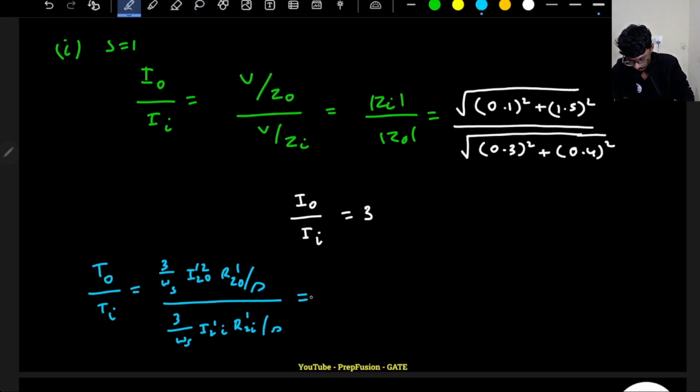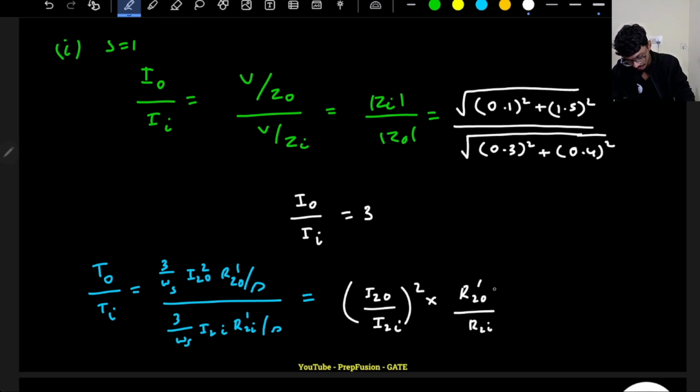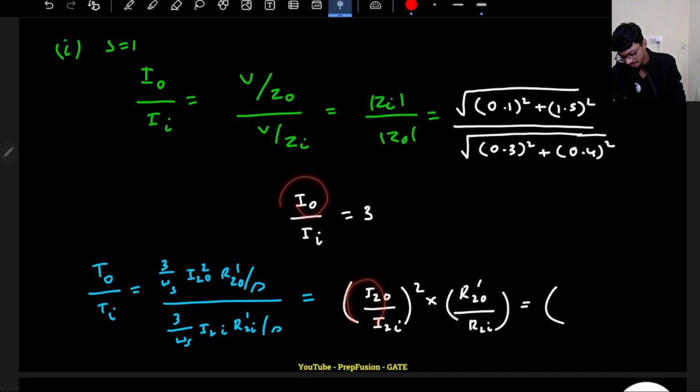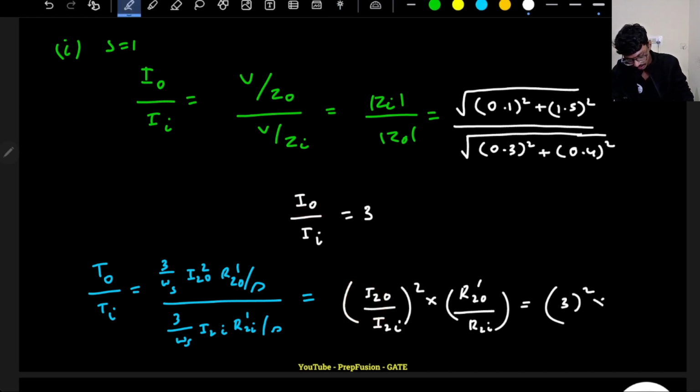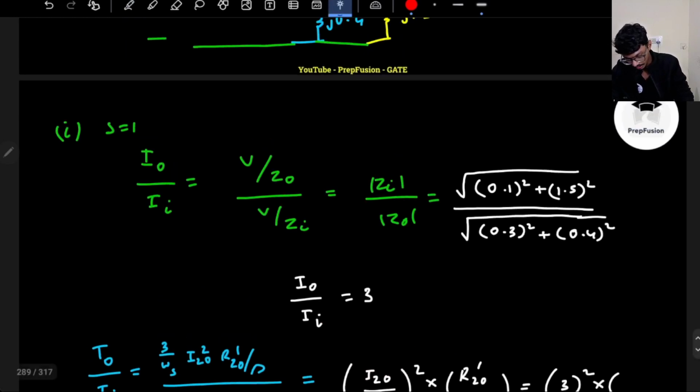So this will basically be I2O divided by I2I, I can ignore the dash for now, whole square, into s, the slip, will get cancelled. Slip is 1 basically, at starting, standstill, right? So this will be R2O dash divided by R2I, right? So I know the ratio between Io and Ii, that is 3 whole square, and the ratio between R2O and R2I.